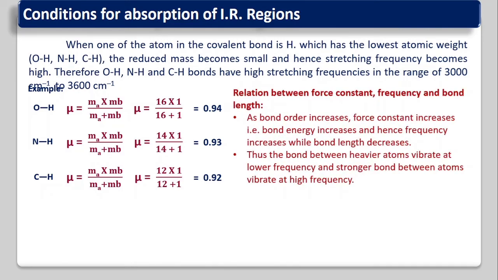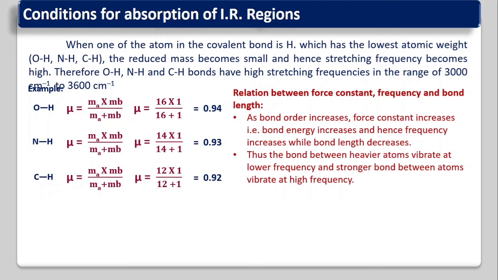Now we will see the relation between force constant, frequency and bond length. As bond order increases, the force constant also increases. That is, bond energy increases and hence frequency increases while bond length decreases. Bond order increasing means single bond, double bond, triple bond.